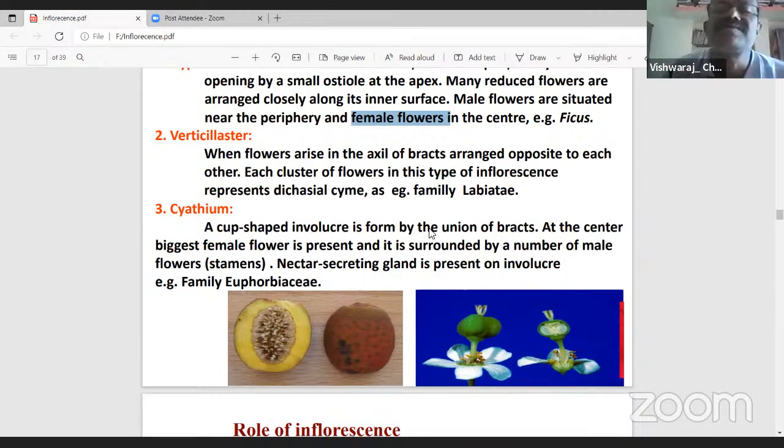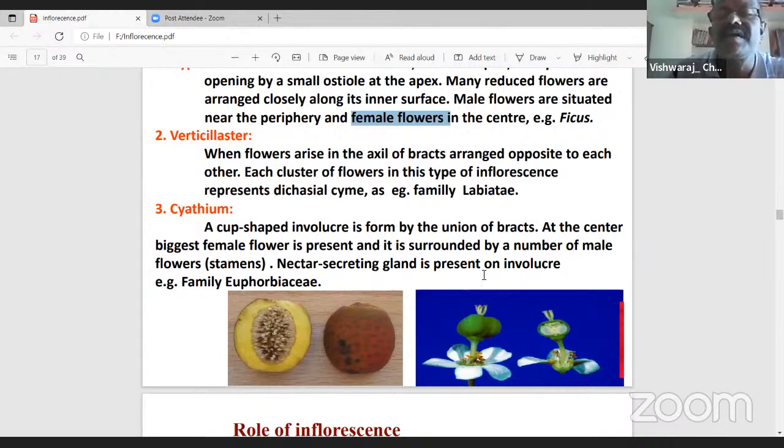We have seen bracts: a small leaf-like structure produced at the base of the pedicel or peduncle. The cup-like involucre is formed by the union of bracts. At the center the biggest female flower is present, surrounded by a number of male flowers.